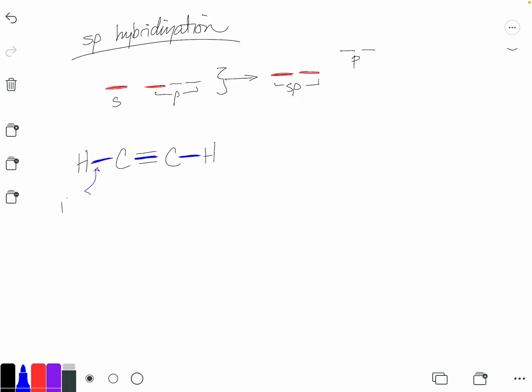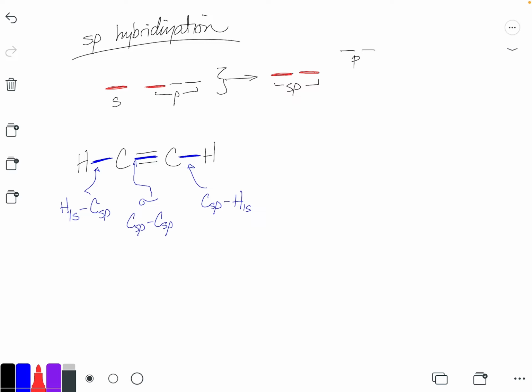And those are, just like we saw in the other cases, the result of an overlap between hybrid orbitals and hydrogen's 1s, because that's all it's got. In the middle, that sigma bond is going to be carbon's sp overlapping with the other carbon's sp hybrid orbital.